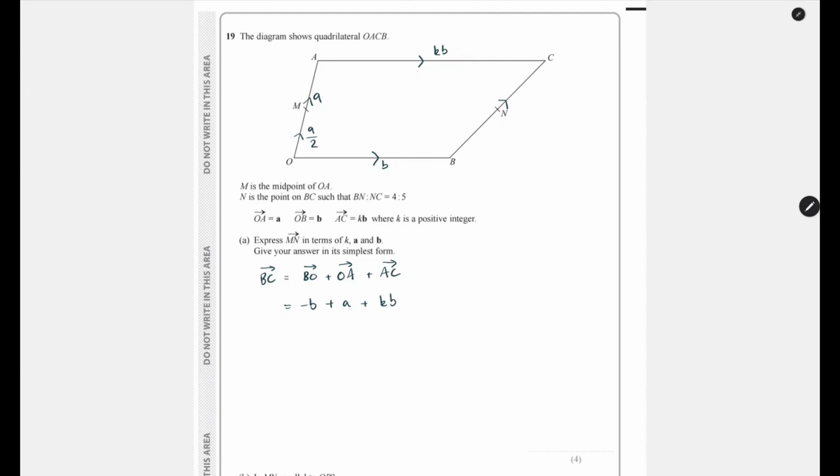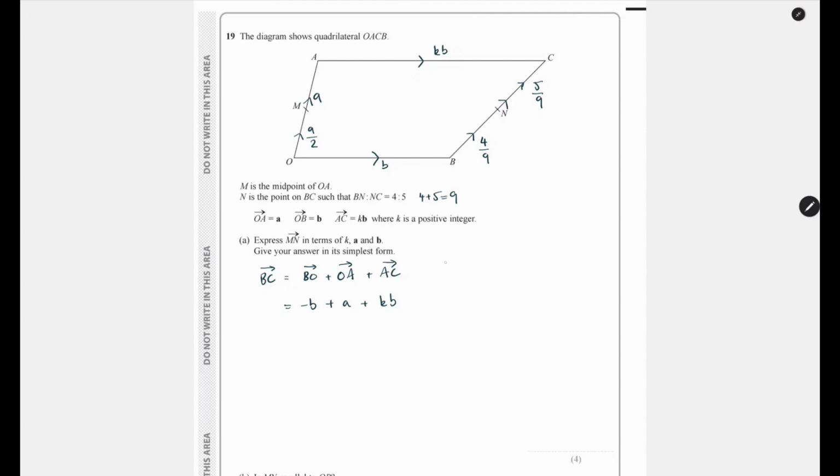It says in the question that the ratio of BN and NC is 4 to 5. So with all ratios, we work out the total. That's 4 plus 5 is equal to 9. And so BN, this vector here, is going to be 4 over 9. And so this vector here is 5 over 9.